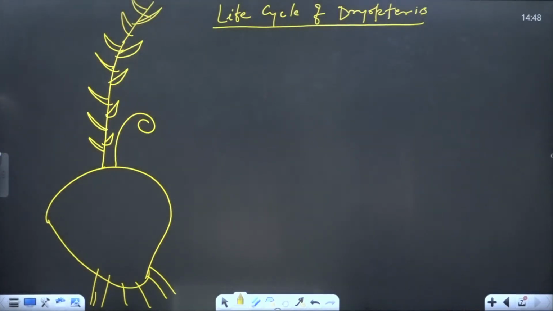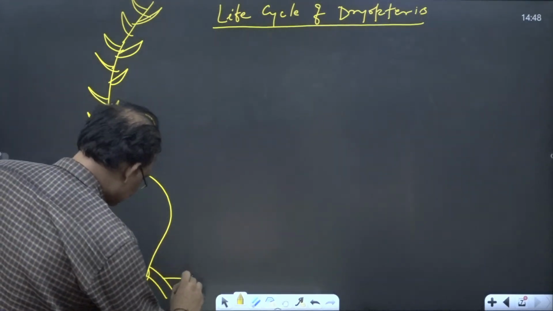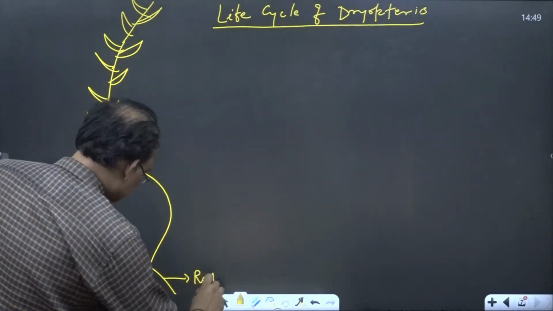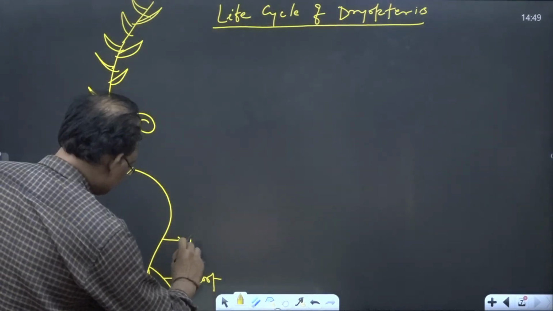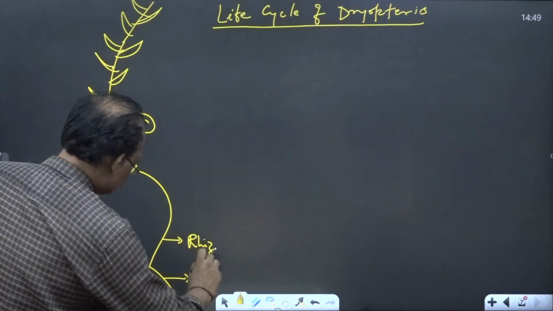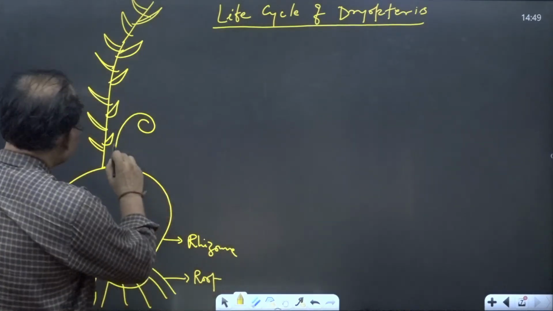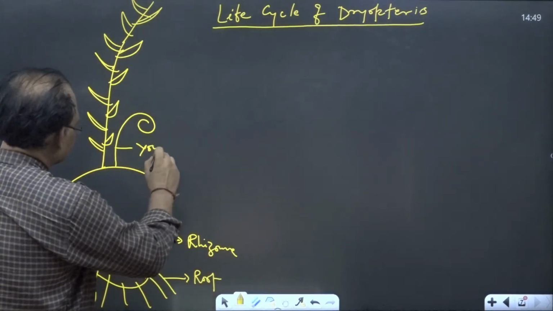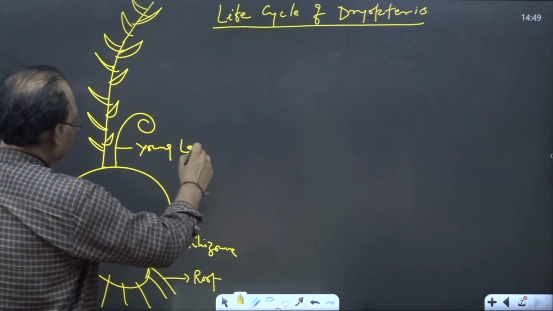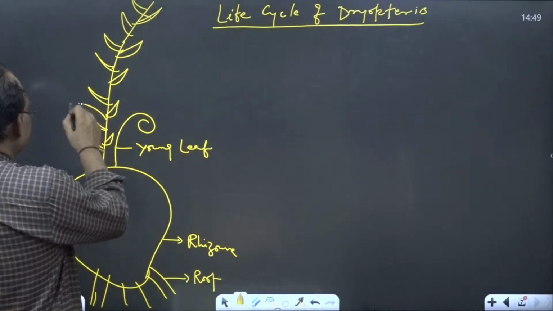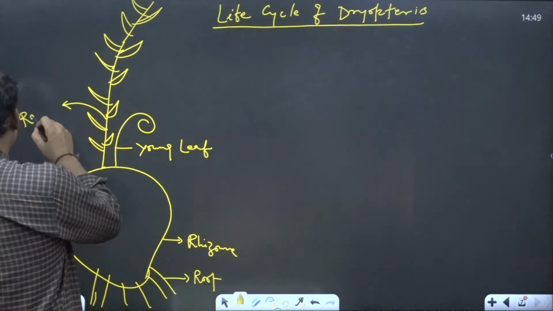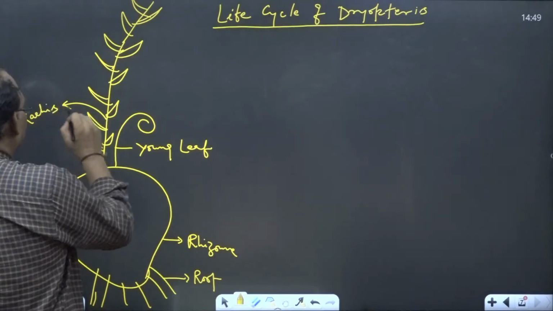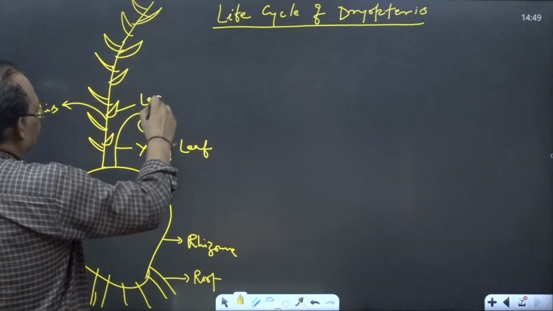This structure is root. This is rhizome. This is young leaf. This is rachis. And this is leaf.